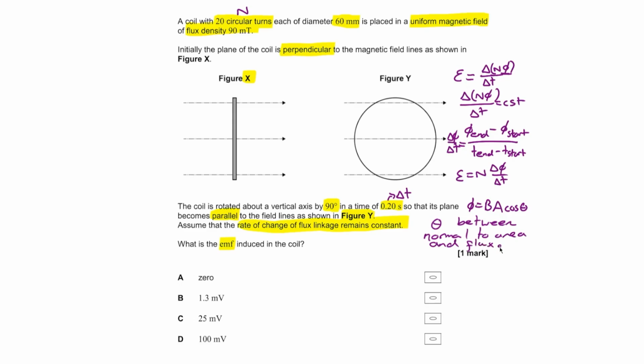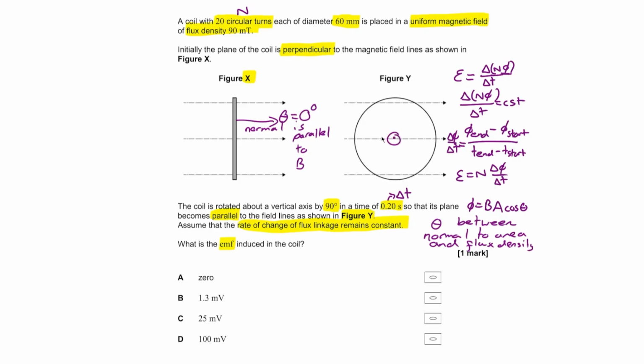What this means is that because the normal to the area in figure X is going outwards, like so, then theta in this case is equal to 0 degrees, because the normal is parallel to B. However, in figure Y, the normal is coming out of the screen.